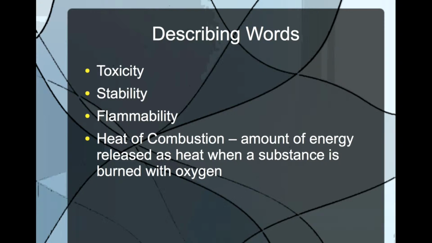So the first one is toxicity, like that picture before where the person is jumping into the toxic waste. The toxicity of that waste is a chemical property. The stability of a substance, where it has the ability to be in a stable environment. Some elements can only exist in really, really cold places.